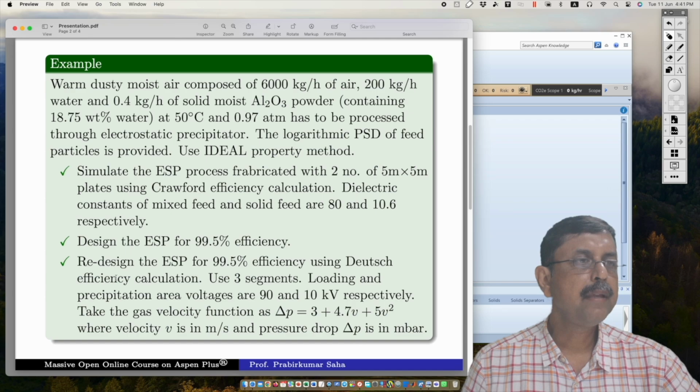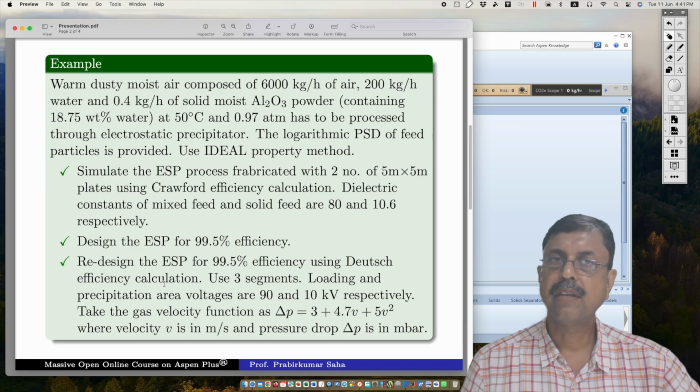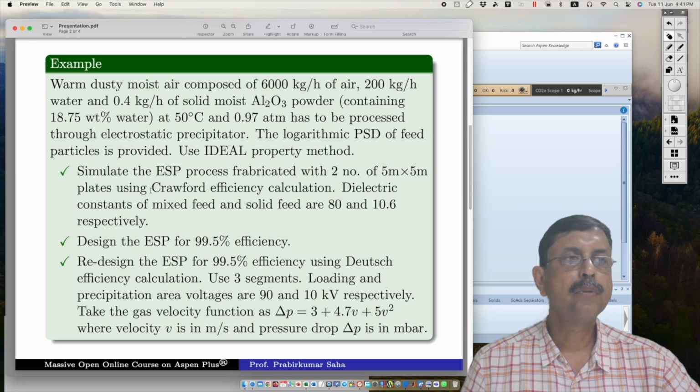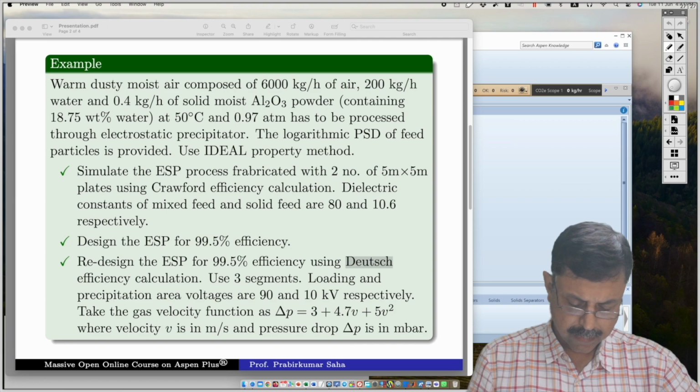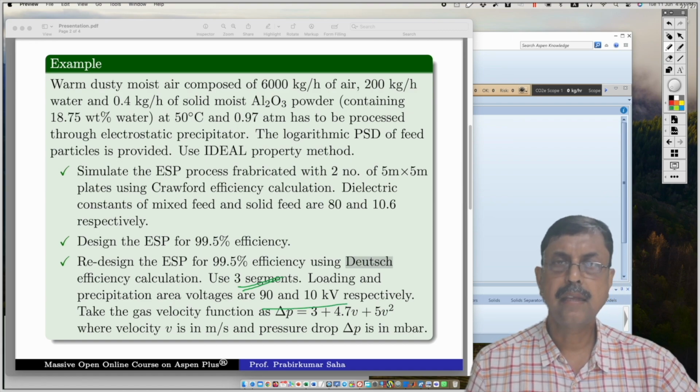The next problem is redesign the ESP for 99.5% efficiency using Deutsch efficiency calculation. So from Crawford, we come to Deutsch. Now, here you have to use some extra segments, like 3 segments. The loading and precipitation area voltages are given as 90 and 10 kilovolt.